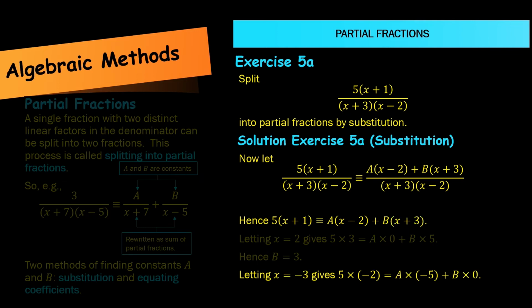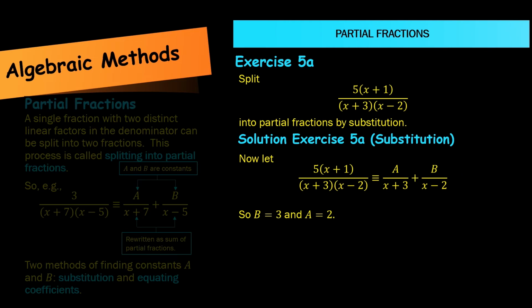And so tidying up gives us that a equals 2. So we've found the values of a and b. And we can express our fraction as 2 over x plus 3 plus 3 over x minus 2.